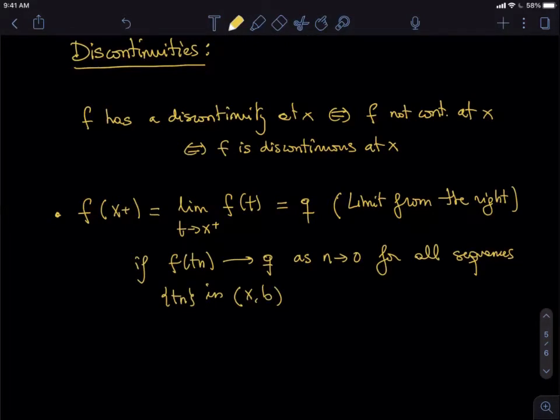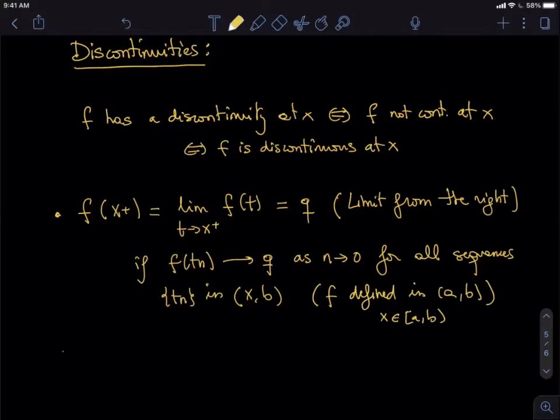Here we are assuming that f is defined in some interval [a, b], and x is some point in the interval. x could be equal to a, so let's say that x is in the interval closed on the left a, open on the right b.